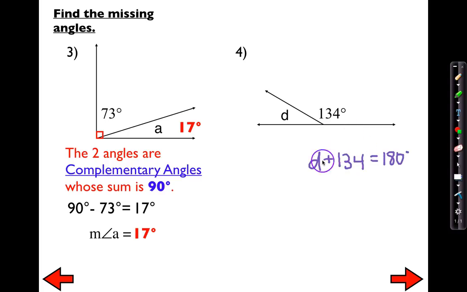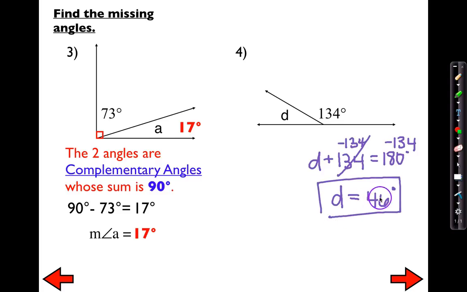In order to solve, I must do the inverse operation, which is to subtract 134 from both sides. I'm going to get that the angle D is, let's see, about 46 degrees. So that is my final answer. Angle D is 46 degrees.